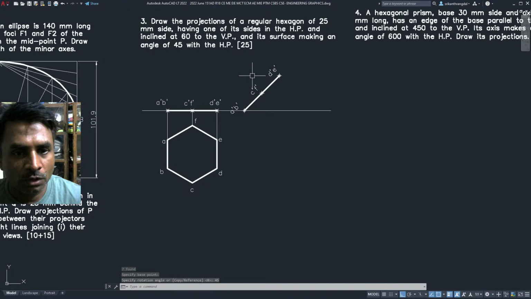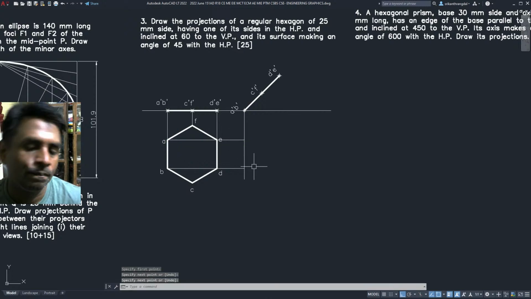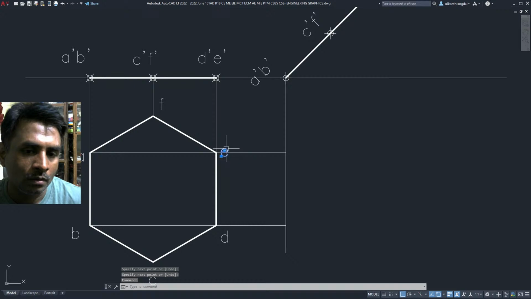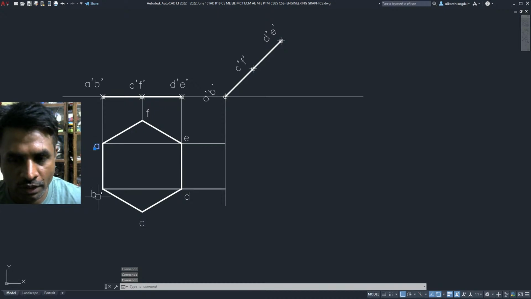Now we need to project these points down, and find the intersection of that with these points. So this point A and B.